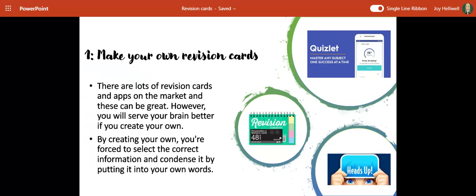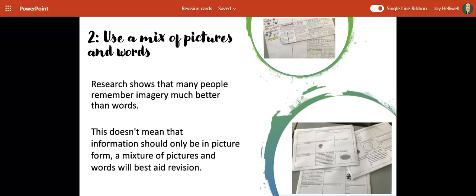Revision cards don't just have to be on pieces of card, but it's really important that learners are creating their own, because by creating their own, they're being forced to select the right information and condense it by putting it into their own words.